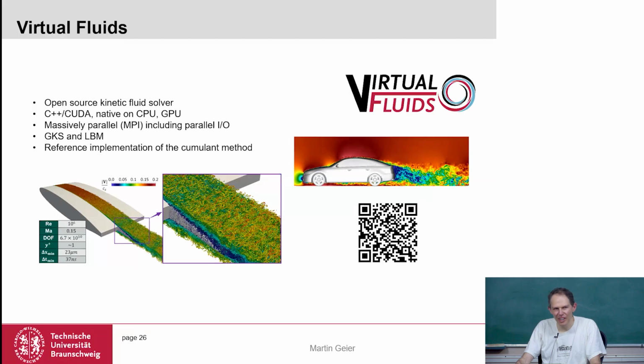Two more things. Namely, we also distribute our own lattice Boltzmann solver. It's called VirtualFluids. The reason is, of course, that we are not selling this, and we are not selling any consulting on this. You are free to download it and work on it.